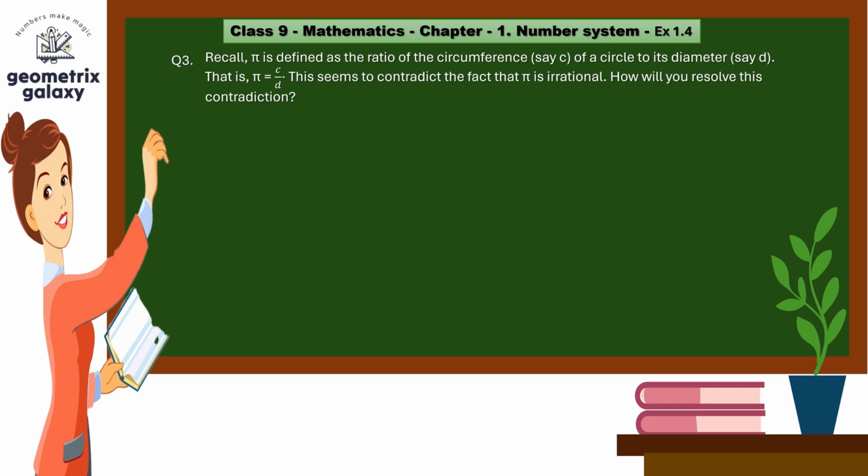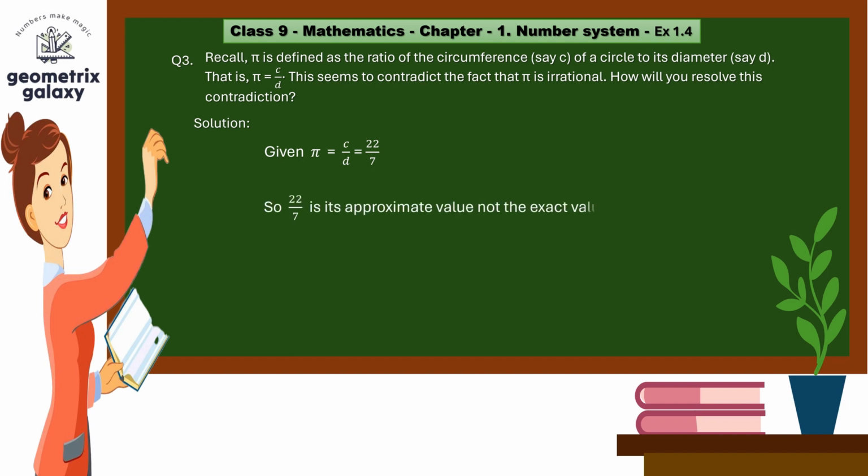In the question it is given that pi is equal to C by D. It means circumference divided by diameter. For any circle, if you divide the circumference of that circle with its diameter, you will get the value as pi. Therefore, pi is equal to C by D.